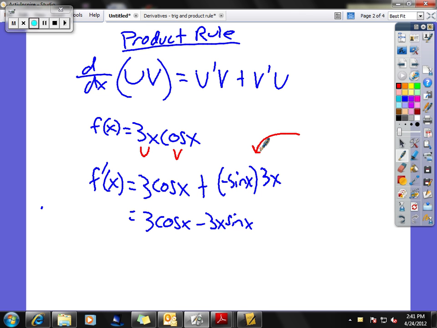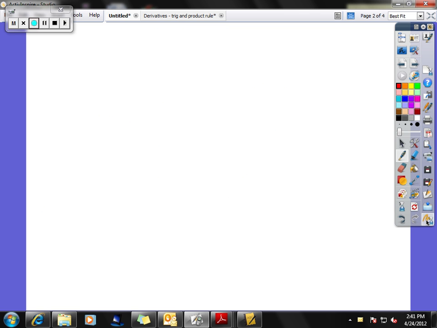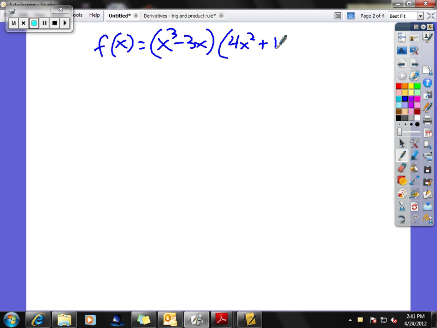So that's with a trig function. You don't have to have trig functions to do a product rule. Let me give you one here. Something like f of x equals x cubed minus 3x times 4x squared plus 1.